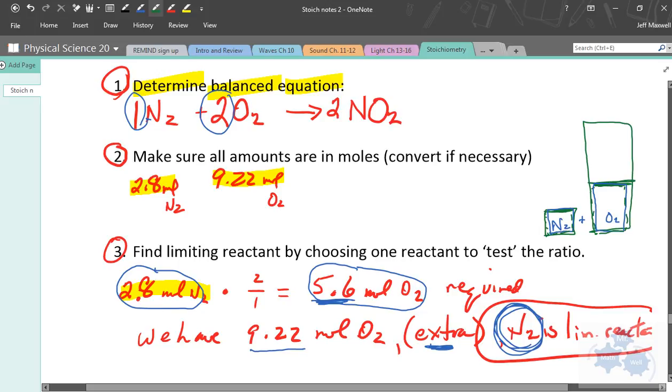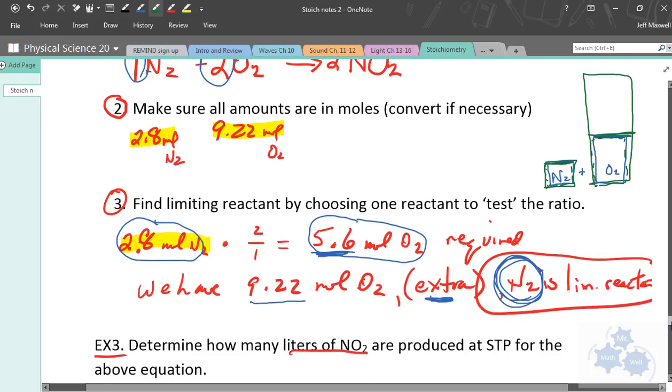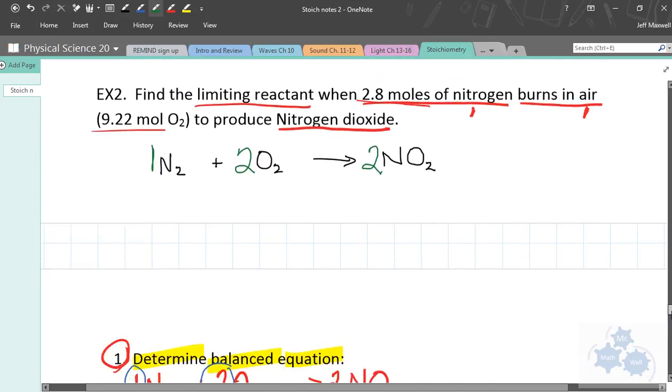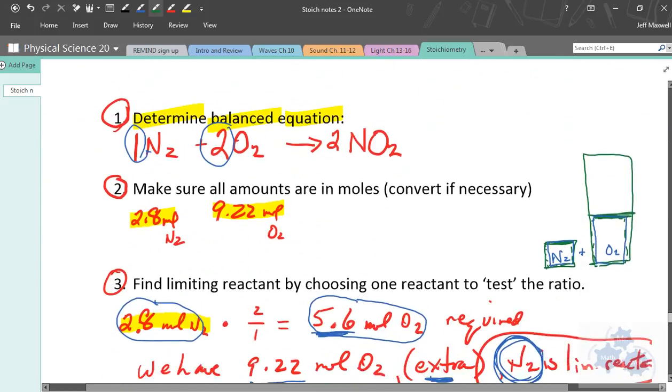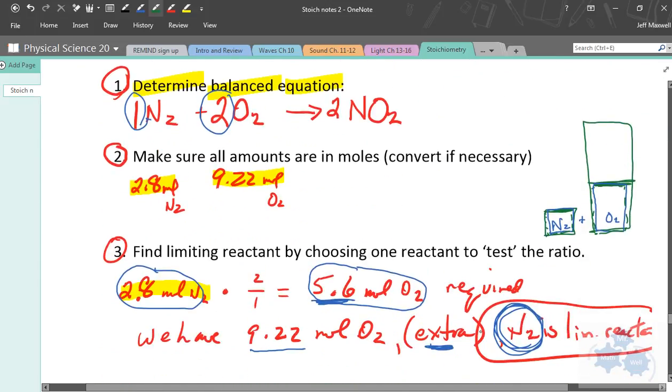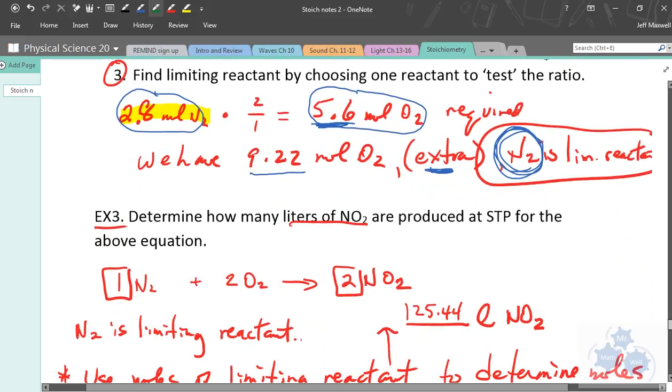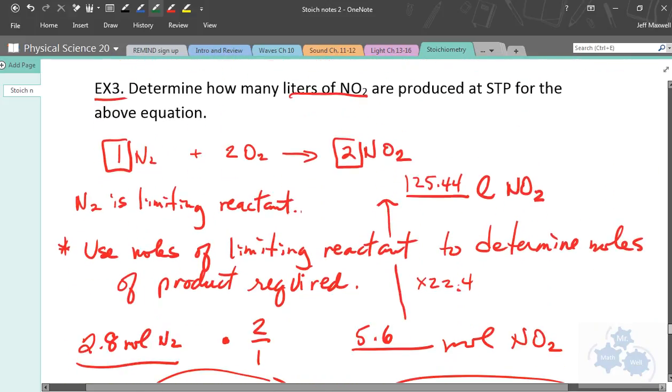So again, I'm not giving you a magic bullet just to plug into a formula and figure this out. But that's how you would do that question. Which one is the limiting reactant? We determined that nitrogen is going to get used up first. Okay. So that's what I'm suggesting.